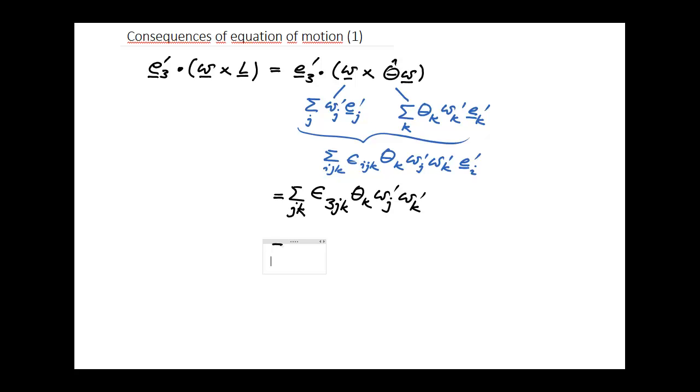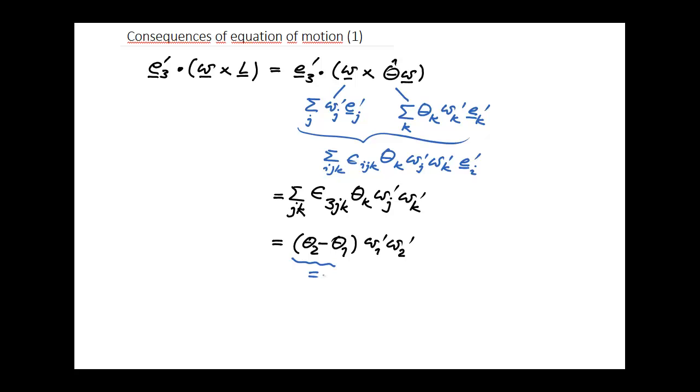So this gives theta 2 minus theta 1, omega 1 primed, omega 2 primed. But theta 2 equals theta 1. The two eigenvalues are equal because we assumed symmetry.